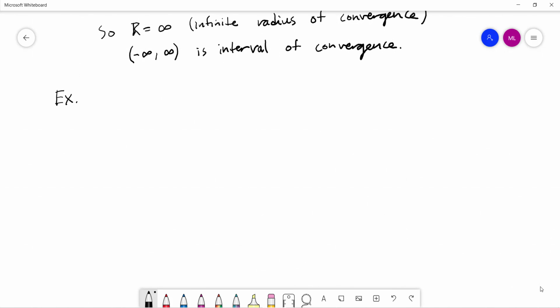I want to find the radius and interval of convergence of a function, but I want to worry about the endpoints. So I'm going to care about the endpoints of that interval of convergence.